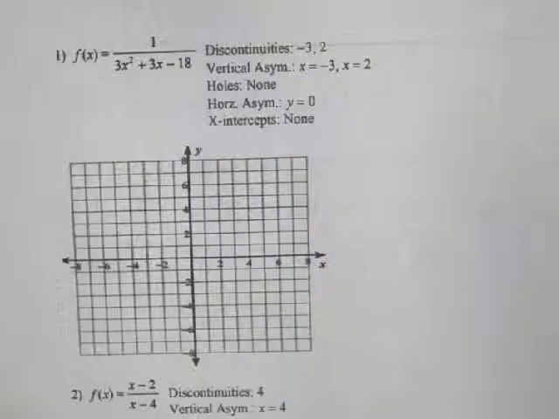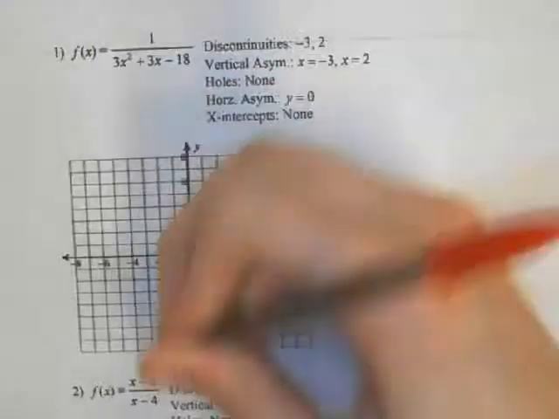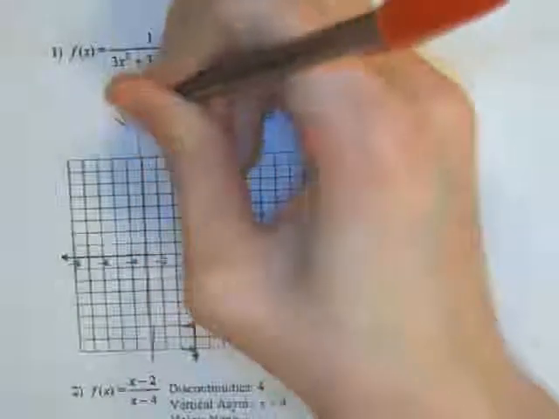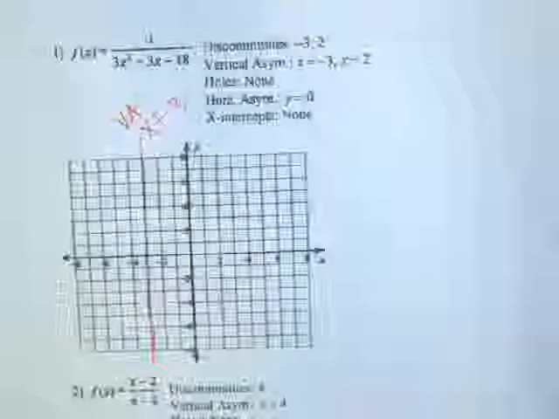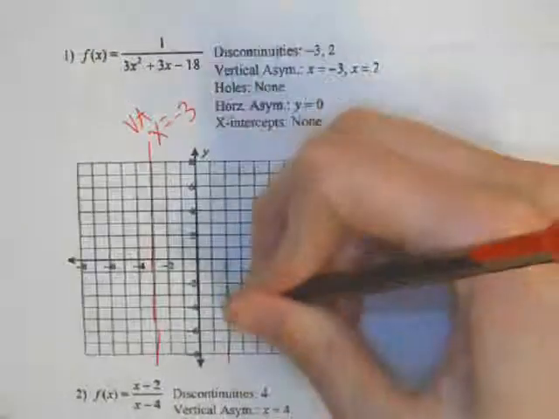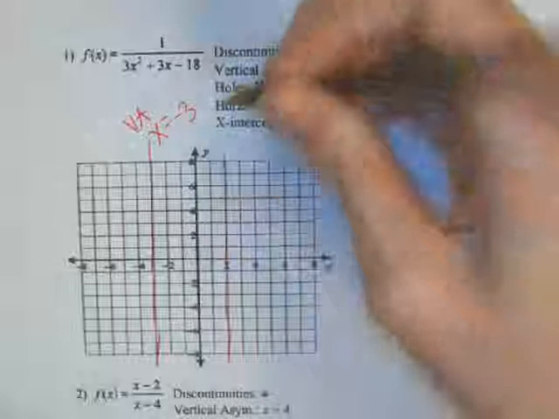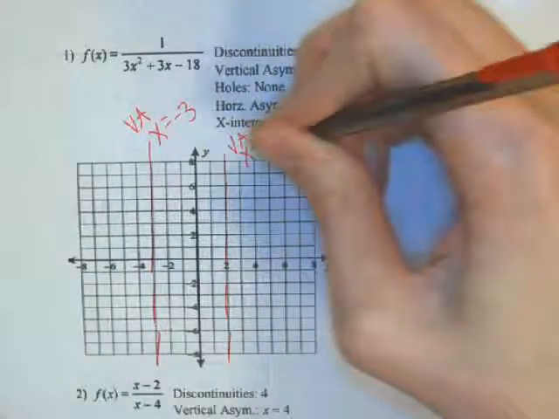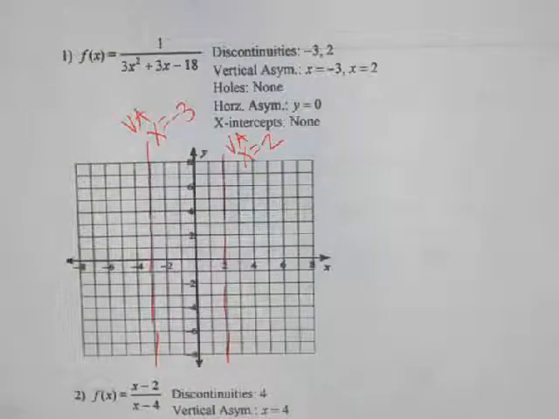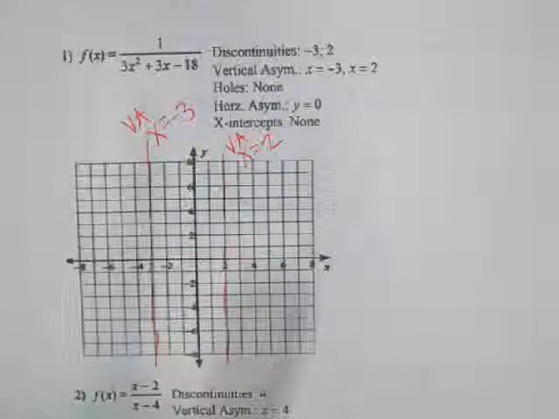2. We graph both of them then. X equals -3 is right here, and the next one's at x equals 2, so right here. This is y equals 0.